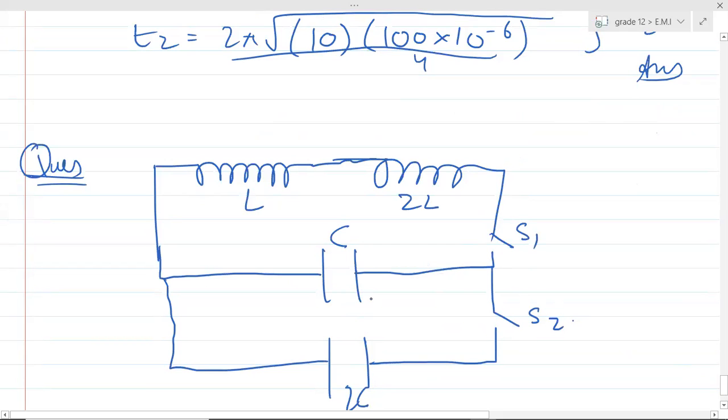The charge on this is plus 2Q, the charge on this is minus 2Q, and here the charge is plus Q, and here it is minus Q.